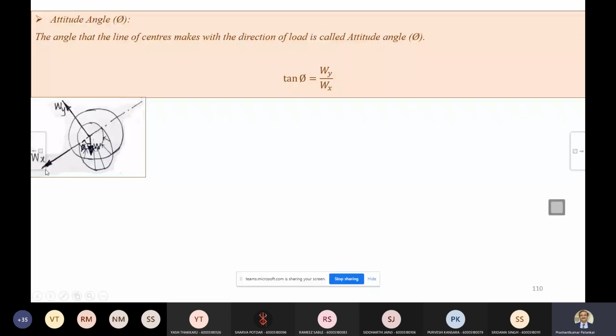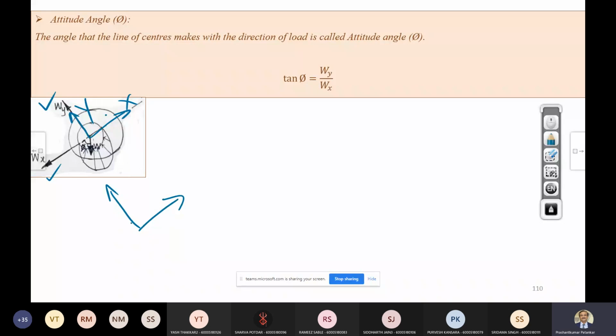Here I am assuming that this is my X axis and this is my Y axis, so this is Wy and this is Wx. How you fix your reference coordinate frame is important as far as the values of your X and Y components are concerned. So tan of phi is equal to Wy by Wx.